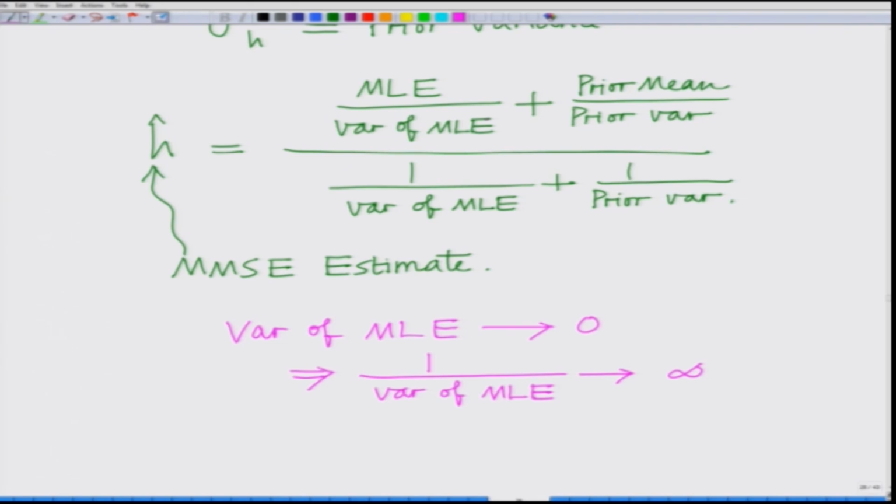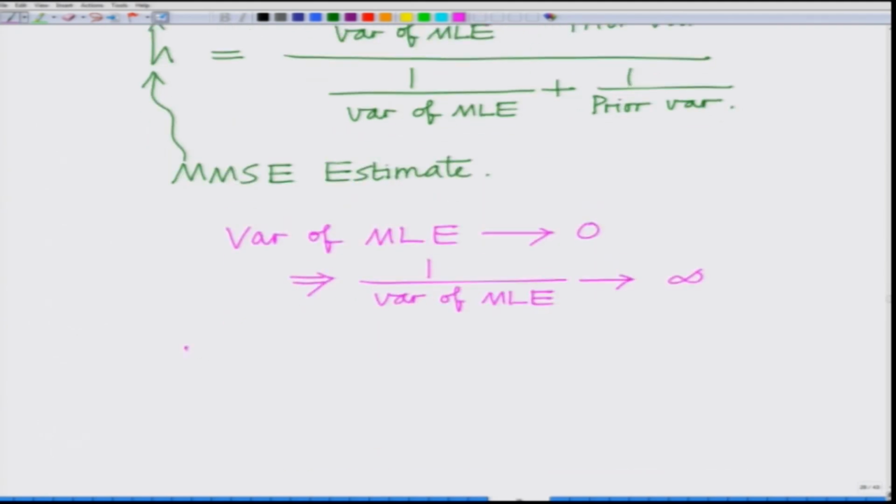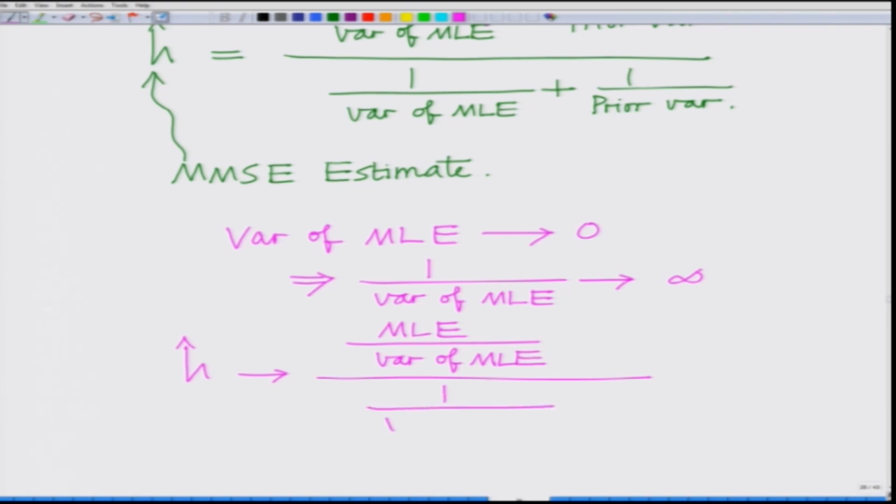So, H hat tends to the MLE divided by variance of MLE, divided by 1 by variance of the ML estimate, which is equal to the ML estimate, and that is a very beautiful interpretation.